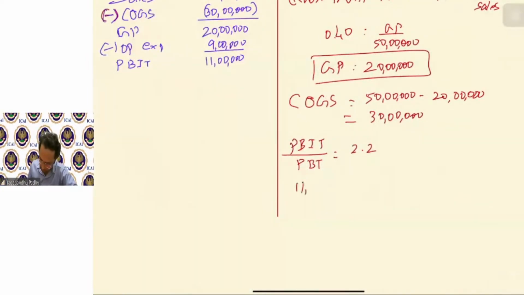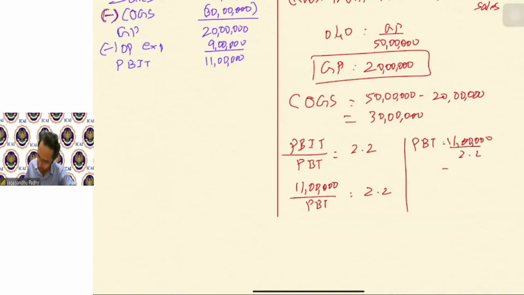Since PBIT is 11 lakh upon PBT of 2.2, PBT will be 11 lakh divided by 2.2, which translates to 5 lakh.